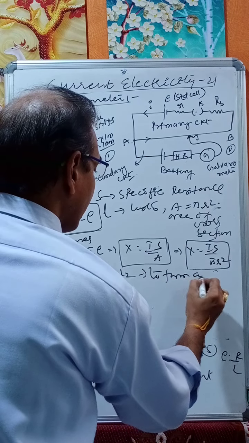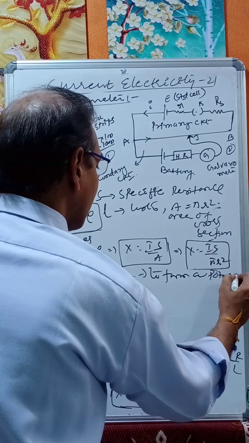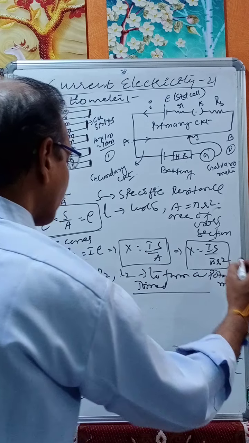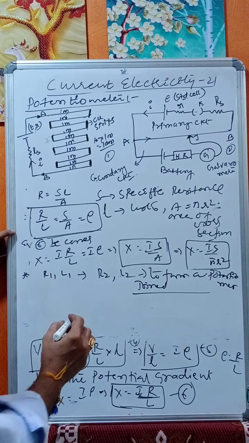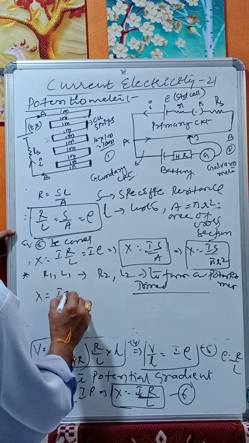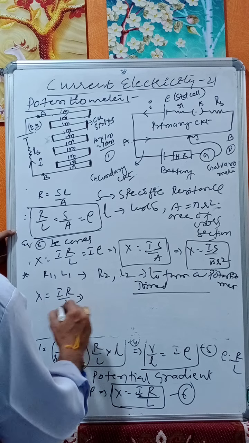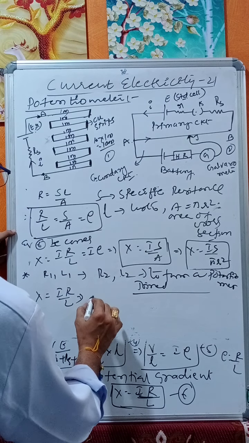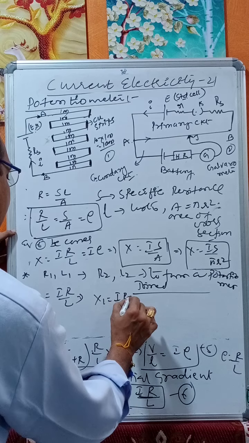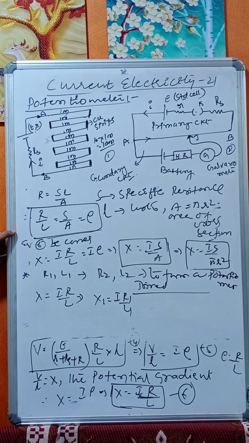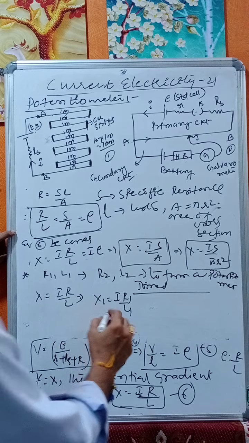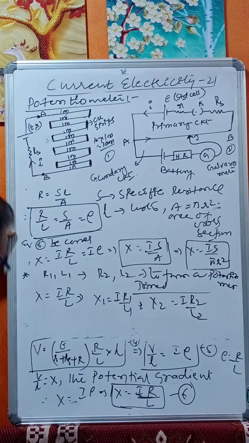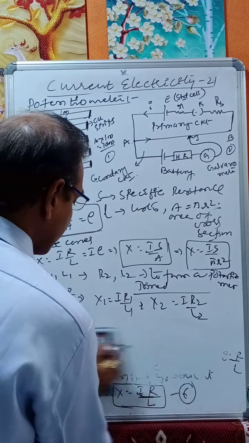Then X is equal to I into R by L. This implies X1 is equal to I R1 by L1, and X2 is equal to I R2 by L2.